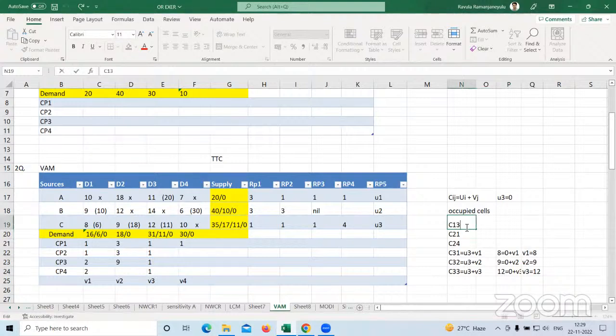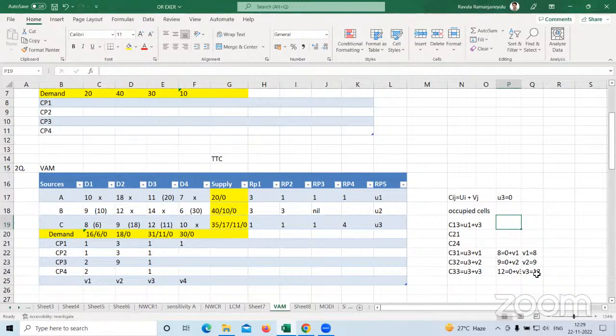C13 means what? That is equals to U1 plus V3. Right? Is this clear to you? So U1 we don't know, but V3 we calculated and we got 12 as a value.